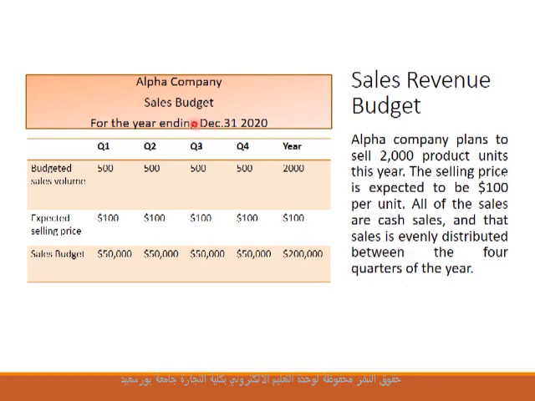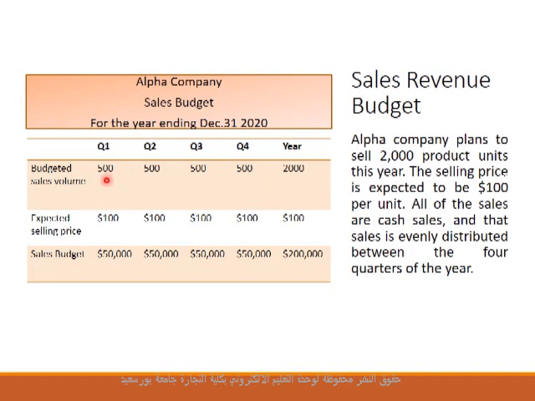Let's now review how the sales budget is prepared. We need to multiply budgeted sales volume by expected selling price per unit to obtain budgeted sales revenue. As mentioned over here, 2,000 product units is expected to be sold in 2020, and this number is evenly distributed between the 4 quarters of the year.